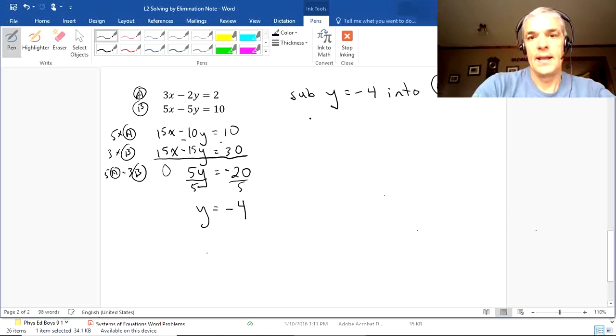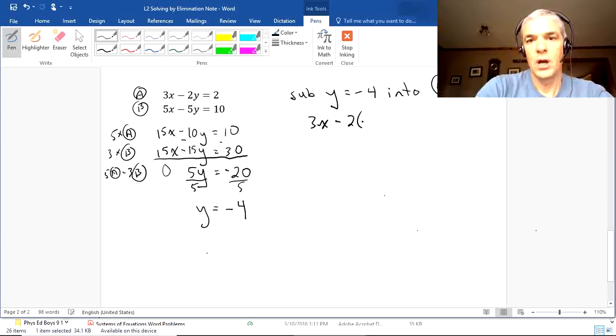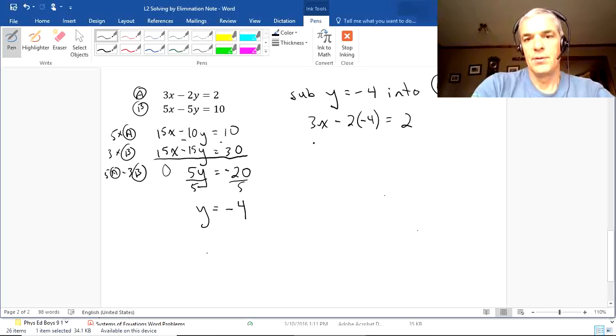And then I get 3x minus 2 times minus 4, because I'm now changing the y for minus 4, equals 2. This is 3x minus 2 times minus 4 is plus 8 equals 2.